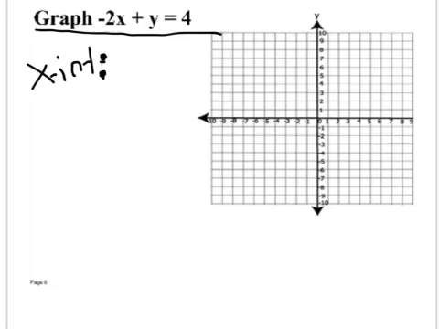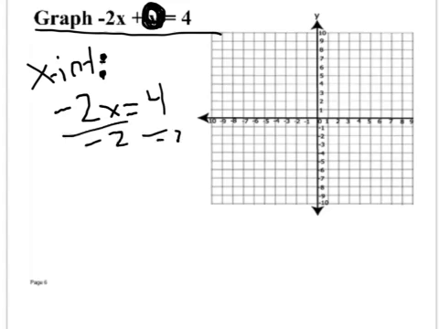So what I do is I just plug 0 in for y. What's left? Negative 2x equals 4, right? So I divide by negative 2. My x-intercept is at negative 2, since 4 divided by negative 2 is negative 2. That's my x-intercept.